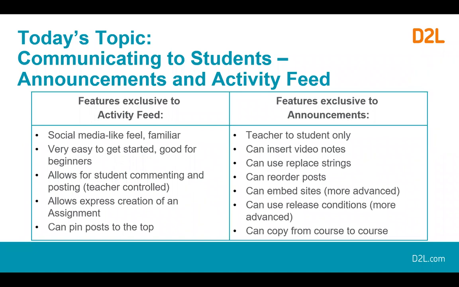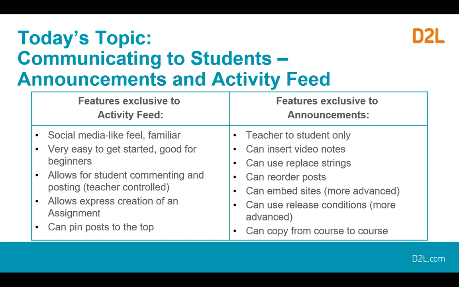Now, I'm noticing a question in the chat about posting the same announcement to more than one class at a time. You can copy announcements from course to course, but to be honest, it's probably faster just to copy and paste the content, go to your other course, and create a new announcement.